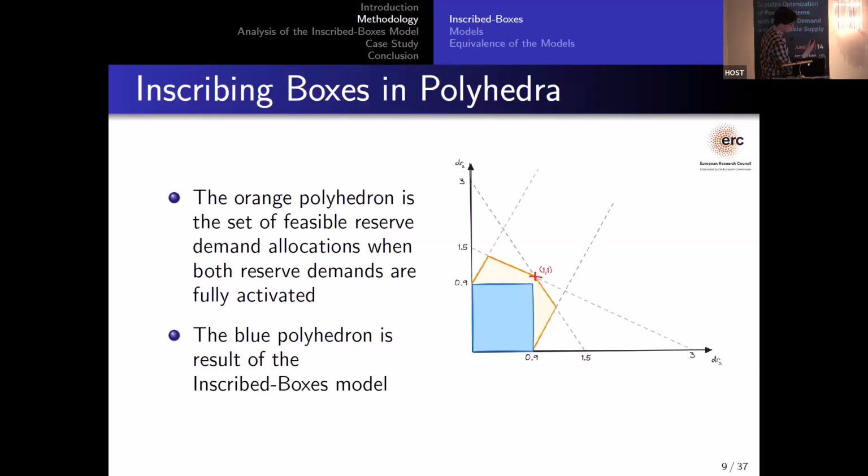And the blue polyhedron is the result of the inscribed boxes theorem that we apply in our proposed model. We can see clearly that point 1.1 that we discussed earlier, which is the allocation of 2 megawatts in total, is outside of the feasible set of the inscribed box model.